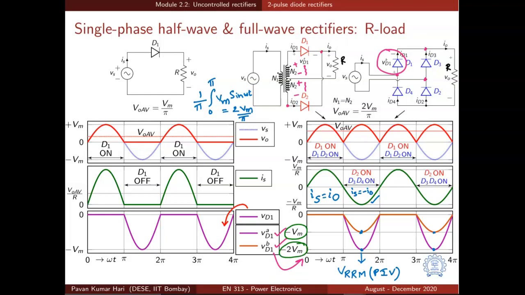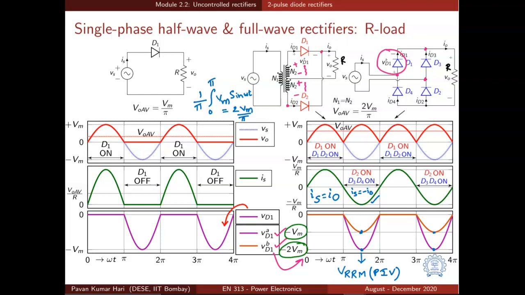Another difference between the two full wave rectifiers is that in the on state condition, 2 diodes are appearing in the current path in the case of a bridge rectifier. The current flows through the source, D1, load, D2 and back. So 2 diodes are appearing in the path.